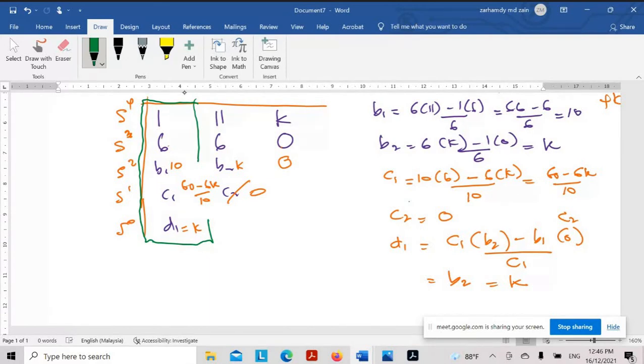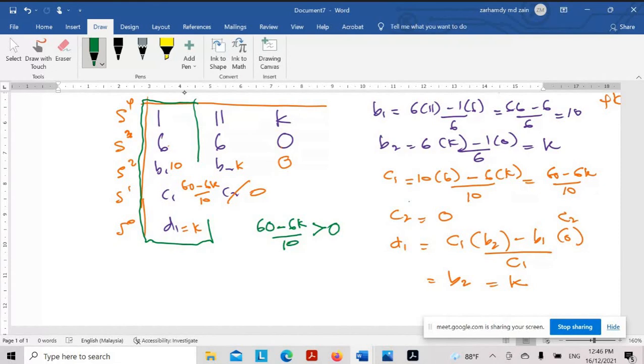But here we have 60 minus 6K over 10. So what should we do? We have to write down that 60 minus 6K over 10 must be greater than 0, because if it is greater than 0 it means we fulfill the stability condition.